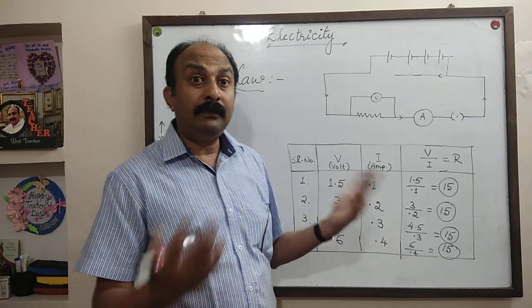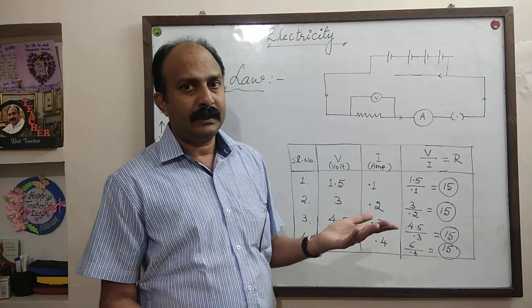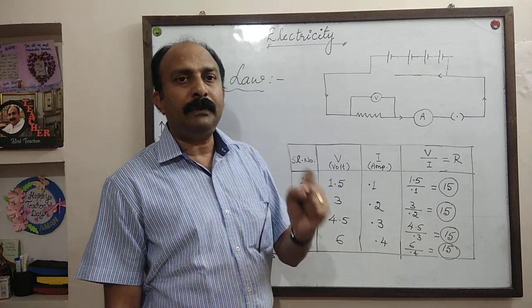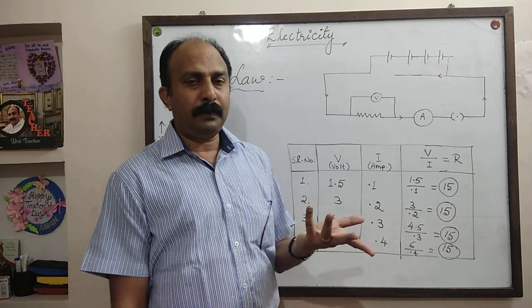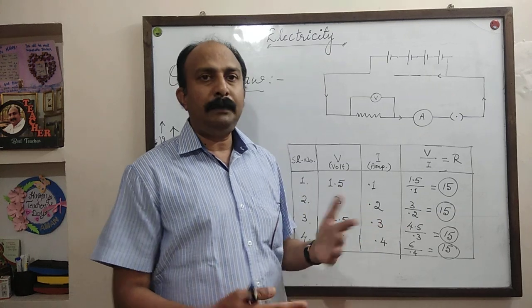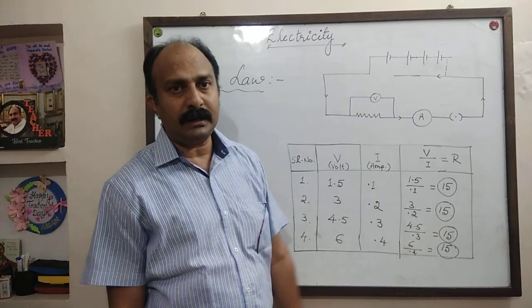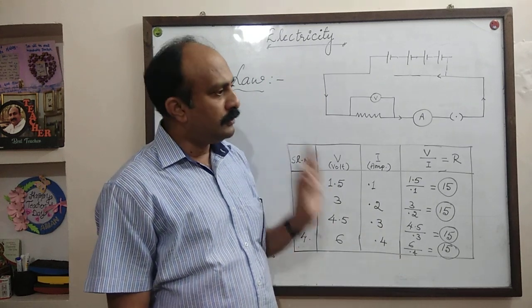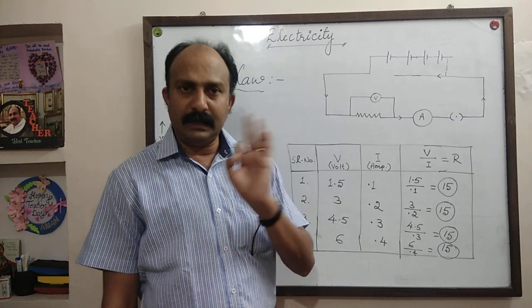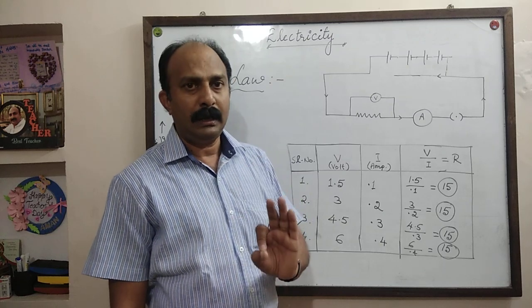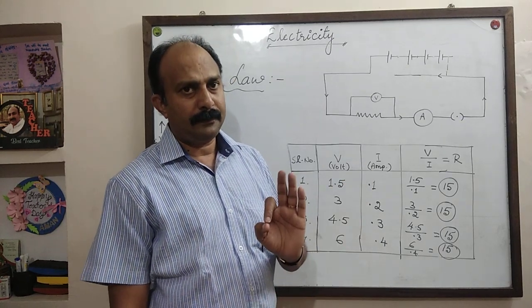For example, silver is a good conductor. The resistance of silver is very low. But we know the practical problem. Silver, being a costly metal, cannot be used for making overhead transmission wires. So the most commonly used transmission wires in our country, India, are aluminium or copper.